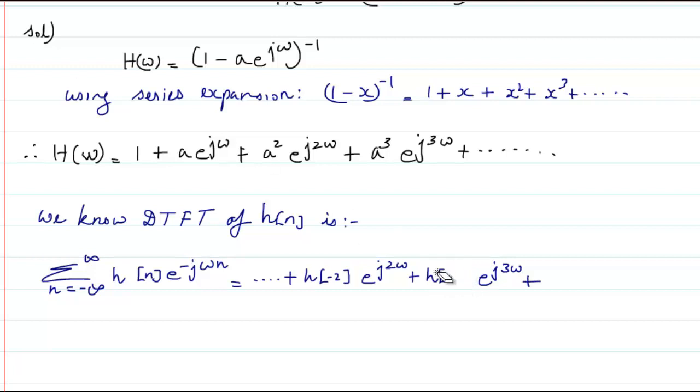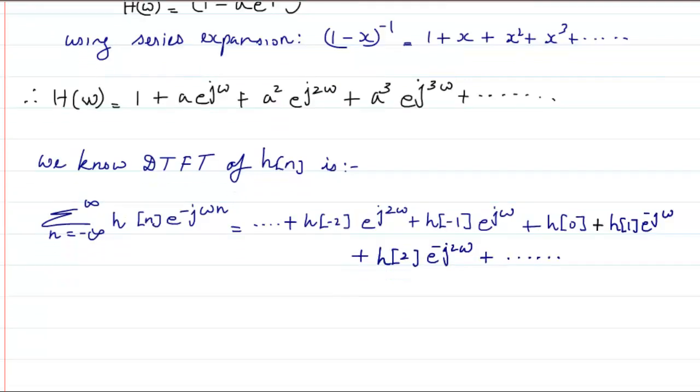Sorry, I should have gone down, no? So this is minus 1, sorry. So this will be h of minus 1 e raised to power j omega, then h of 0 e raised to power 0, which is going to be just 1. So I will just write h of 0 plus h1 e raised to power minus j omega plus h2 e raised to power minus j2 omega plus, like that it will keep on going.